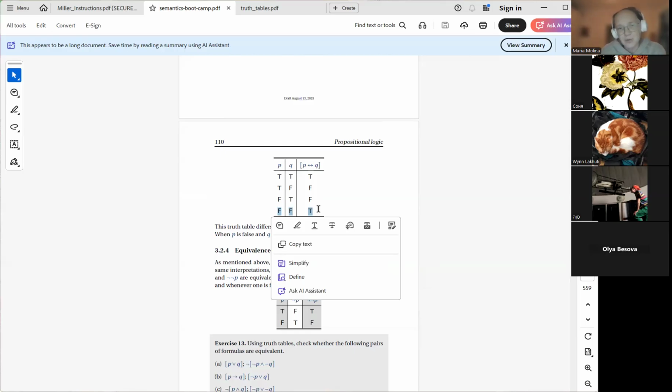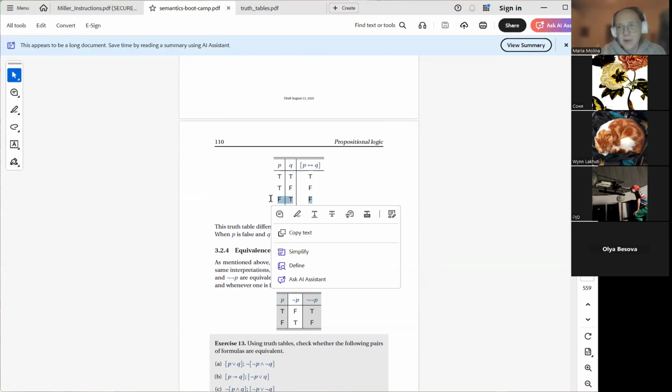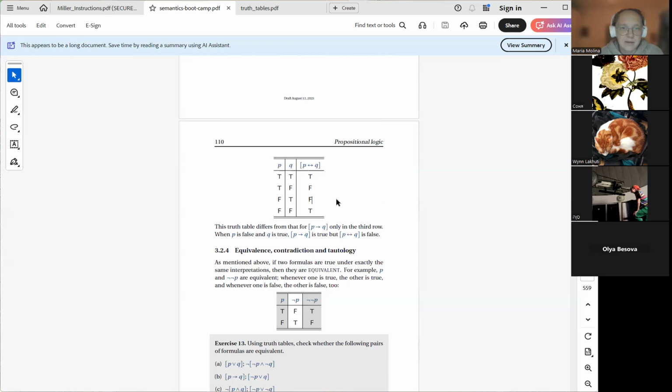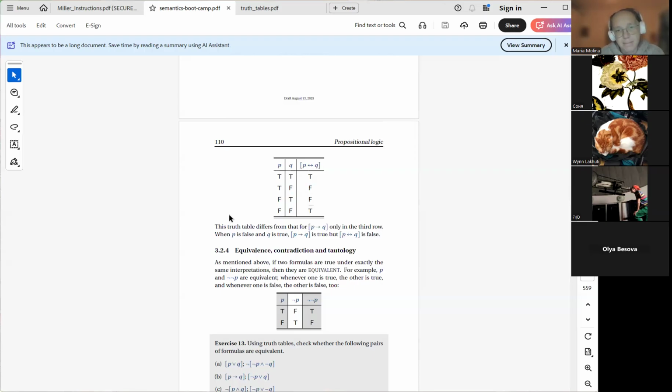That's why it gives true. And here it applies because we can convert it and make Q the premise. So that's why it gets the false meaning as in the second line. The third and the second line could be exchanged by each other. Yeah, that's right.